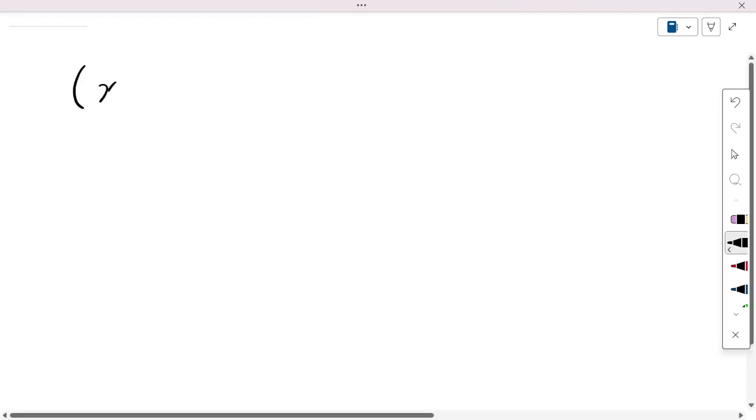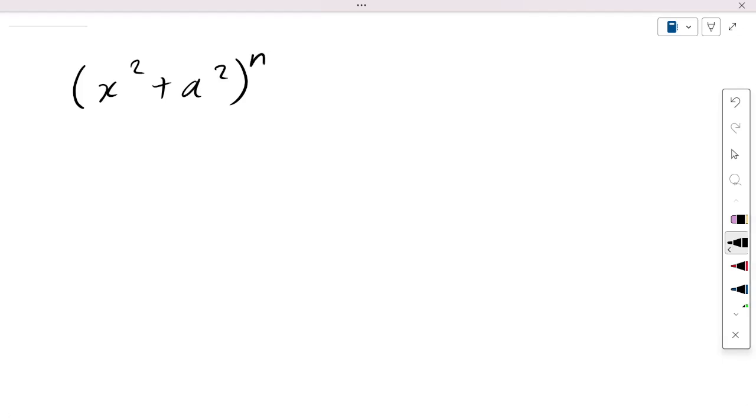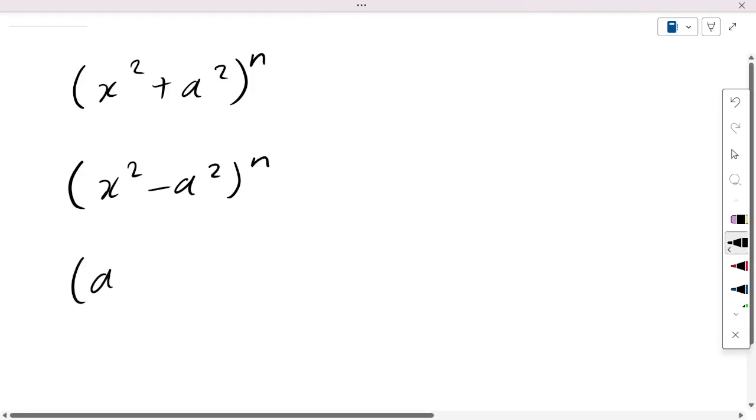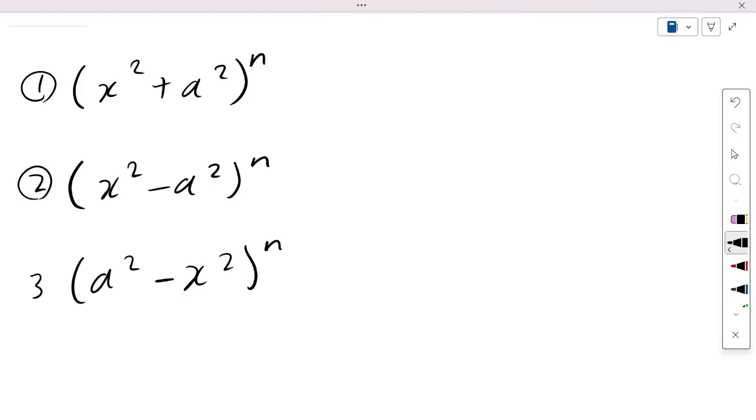I'm going to write them down quickly. One of them will be x squared plus a squared raised to the power of n. The other one will be x squared minus a squared to the power of n. And the third one will be a squared minus x squared to the power of n. This is number 1, this is number 2, and this is number 3.